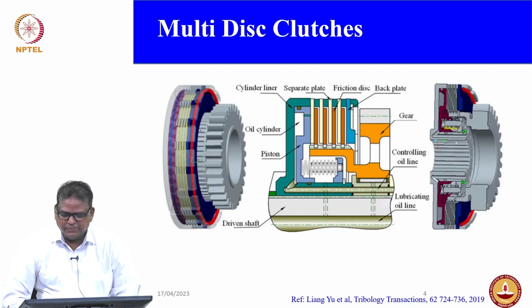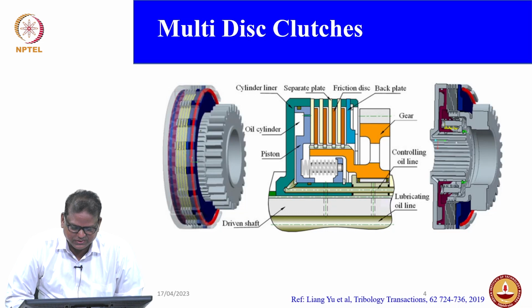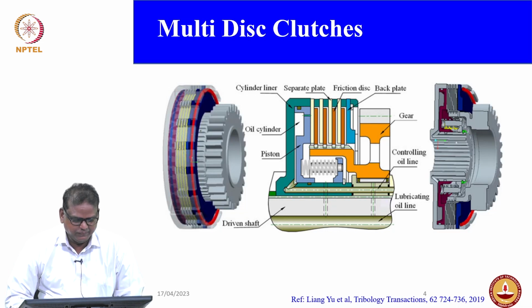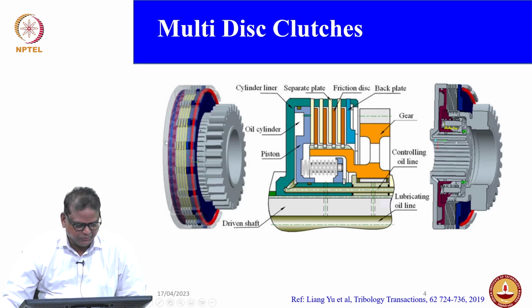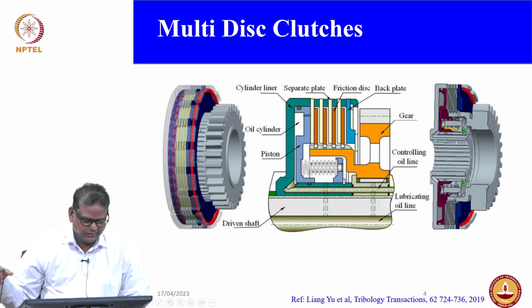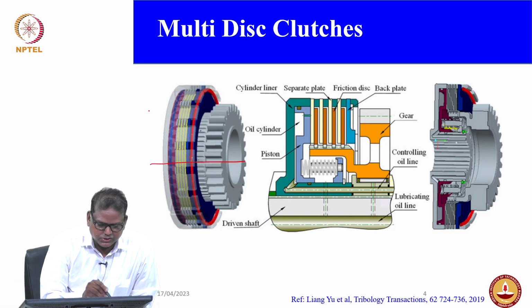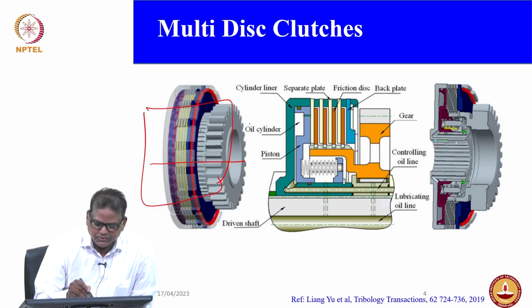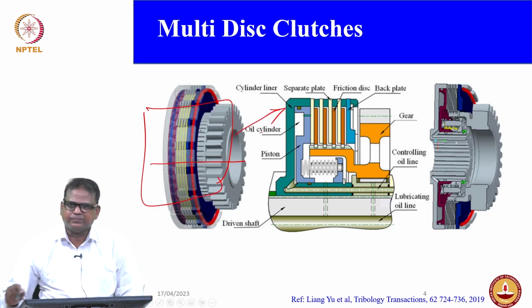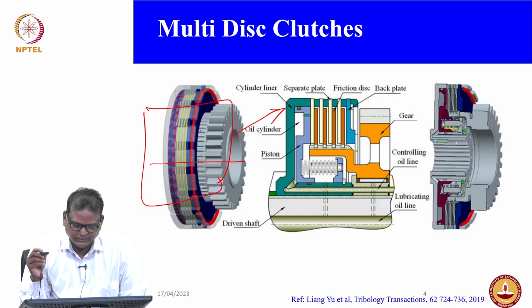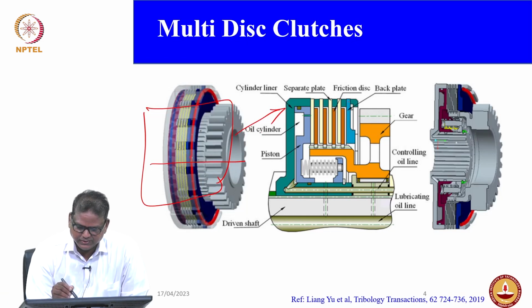So, this is the arrangement, you can see that, okay, very interestingly. This is the complete assembly, and if you do the cross section, only half of the cross section, you can see that. So, when you cut through here and zoom in, you would see this arrangement, okay. Look at this, you have two things, one is the backup plate, I will explain what that means.